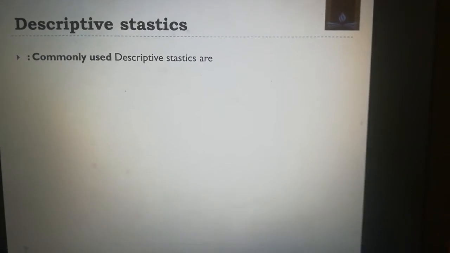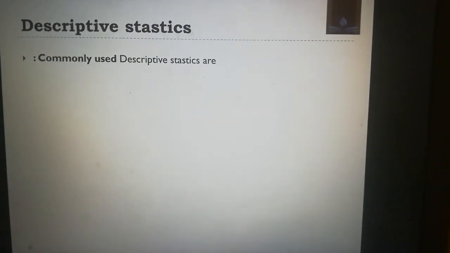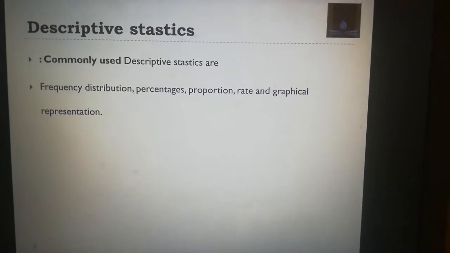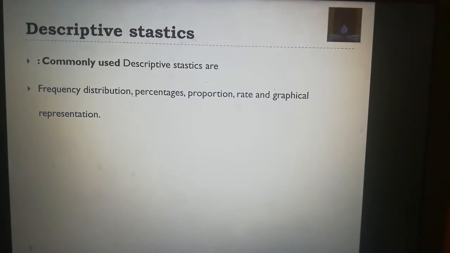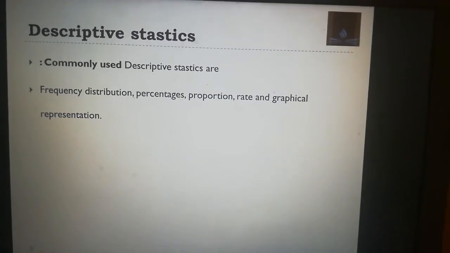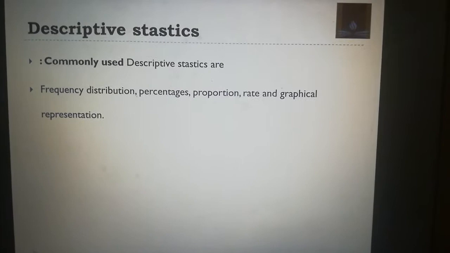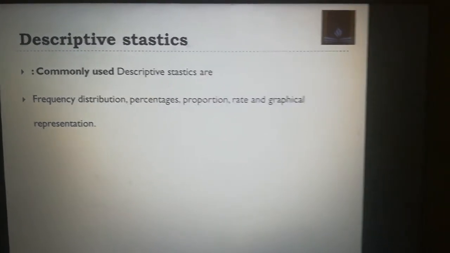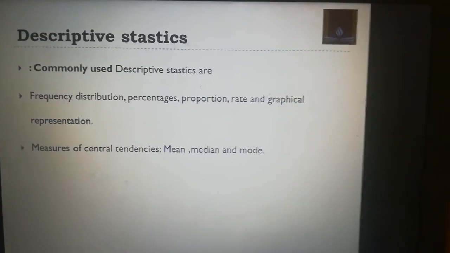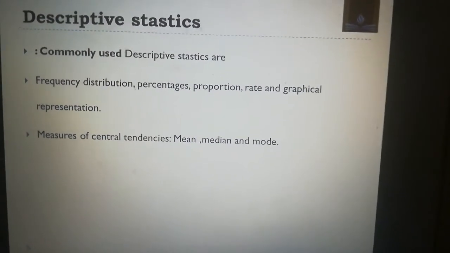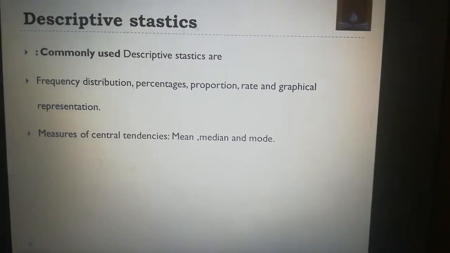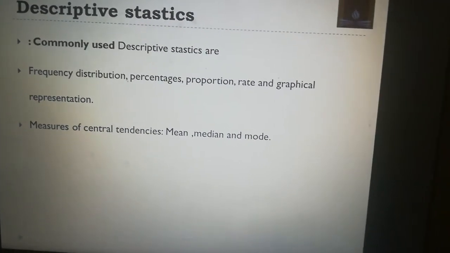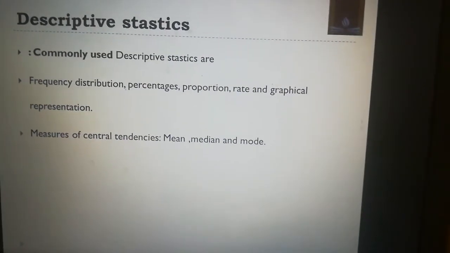As we know, the commonly used descriptive statistics are the basic things like frequency distribution, percentage, proportions, rate and graphical or diagrammatic representation. Next are the measures of central tendency like mean, median and mode.